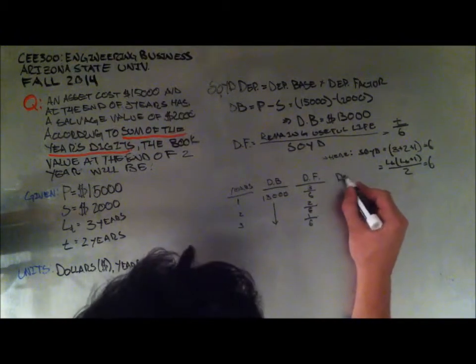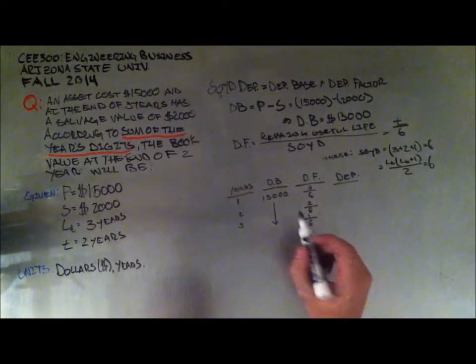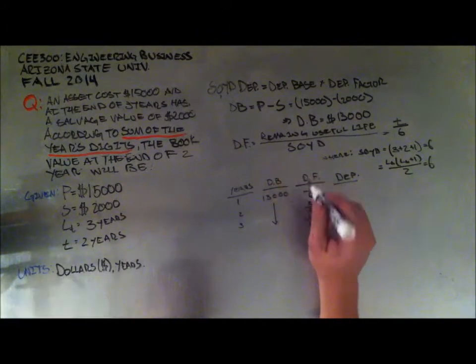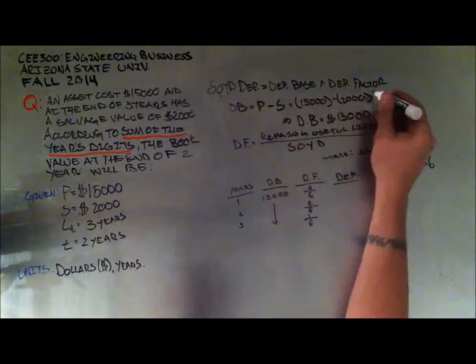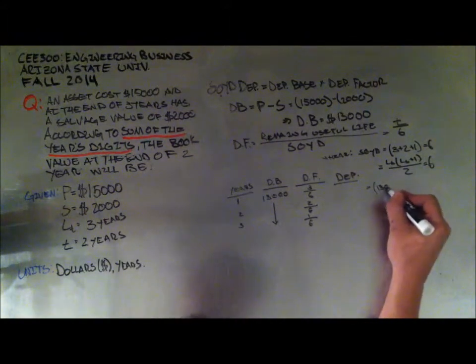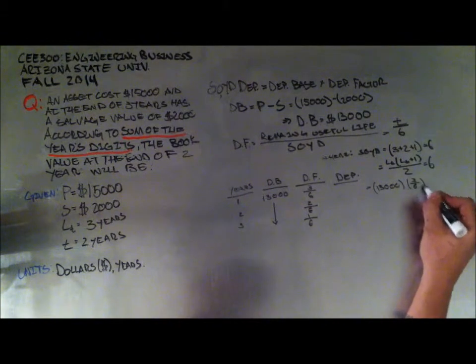Now we can calculate the depreciation, in which you multiply the depreciable base times the depreciable factor as shown up here. To show for this one, it will be $13,000 times 3 over 6.